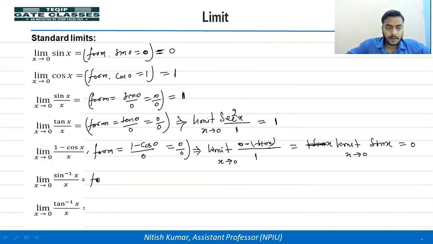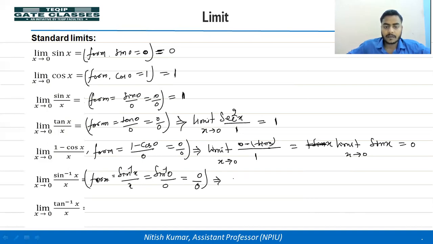Now here, form sin inverse x divided by x. So sin inverse 0 divided by 0. What will come here? sin inverse 0, theta 0 पे क्या होगा 0. So this is 0 by 0 form.